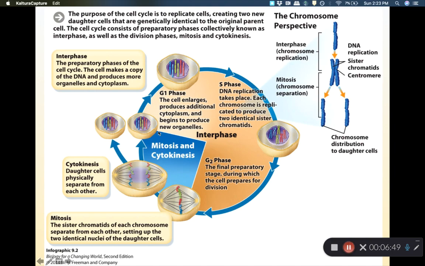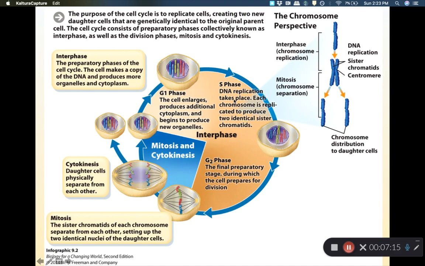So let's look back at this image and understand it in terms of, again, this pie chart. So interphase is where the vast majority of cells are spending their life. We have this G1 phase where the cell is enlarging, we're getting the cytoplasm that it needs, and we're starting to produce all of our different organelles.